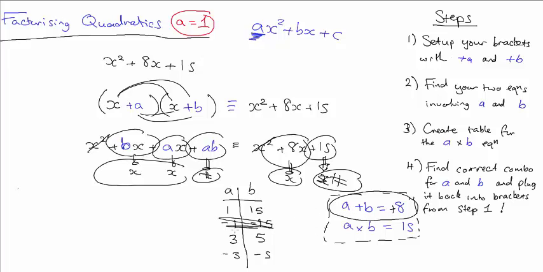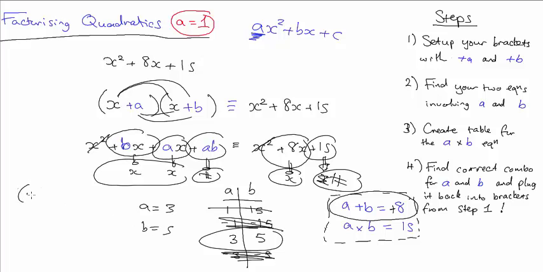Two negatives aren't going to add to give you a positive number. A negative add a negative is just going to be a bigger negative. So 1 add 15 is 16, so it's not that one. And here you go: a equals 3, b equals 5.